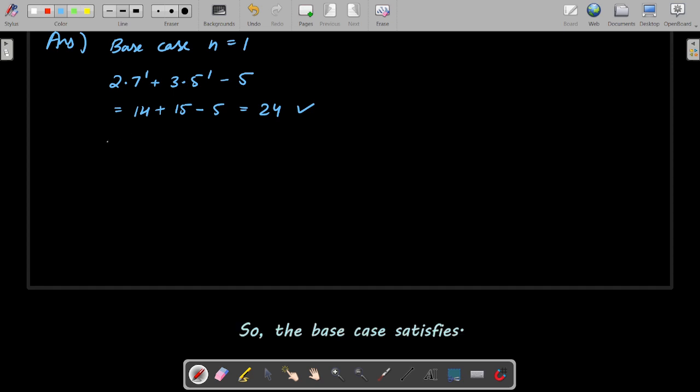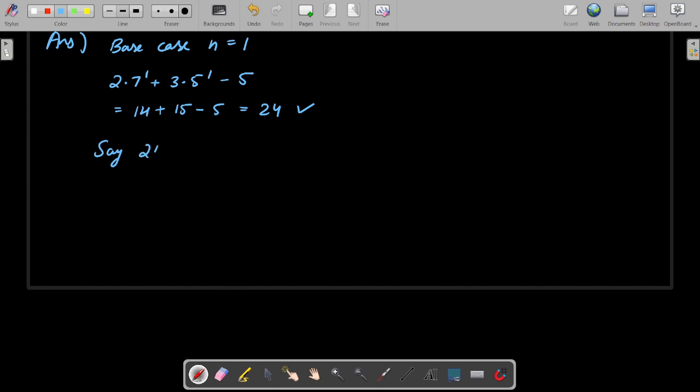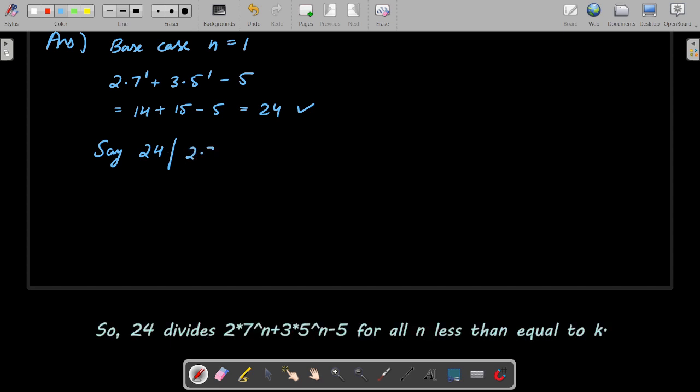Next, for the induction hypothesis, I will write some notation here. Say that 24 divides, this symbol is divides, so 24 divides 2 into 7 power n plus 3 into 5 power n minus 5 for all n less than or equal to k, right?